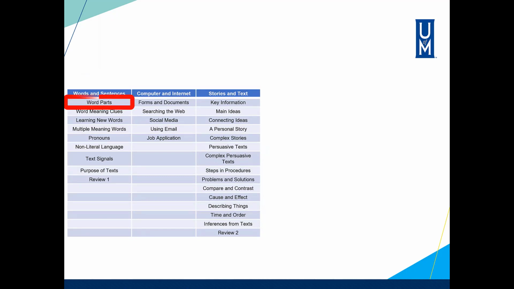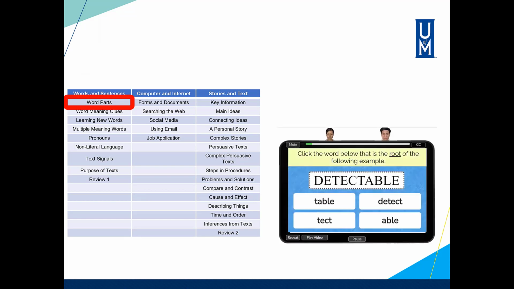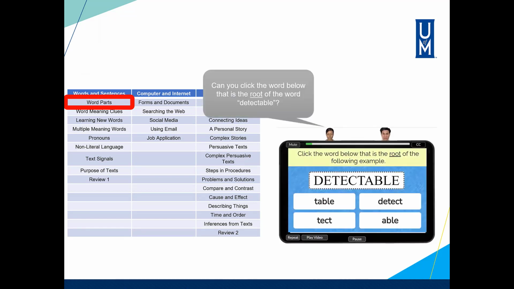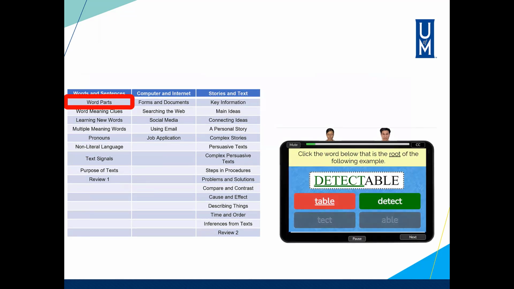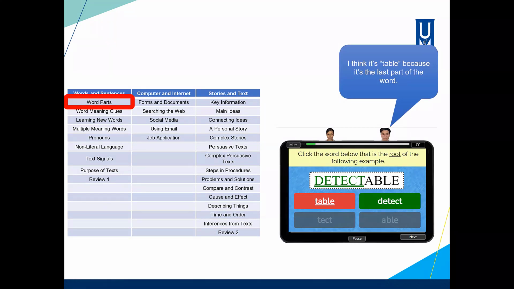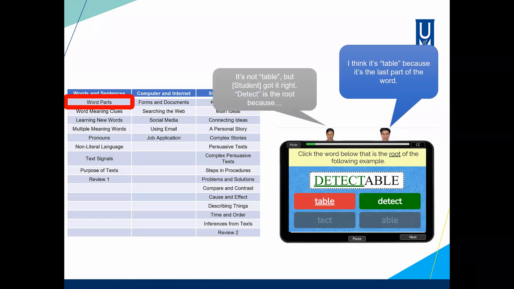So what happens here is you log in, you select a lesson, say word parts, and you'll see these 2 agents. They're automated. This is a teacher agent, and they actually read aloud to you. You're listening to them. And then there's a student agent, and the student agent works along with you while you're doing these things, so you take turns.